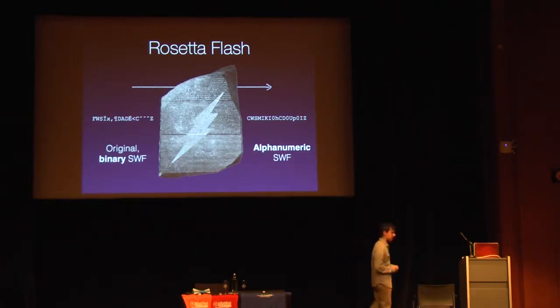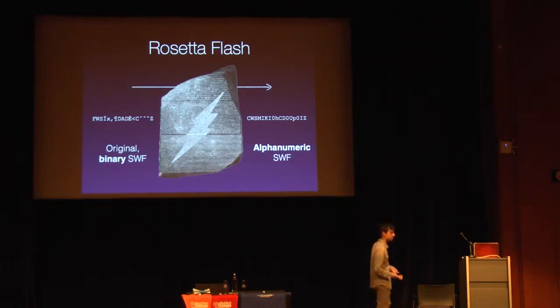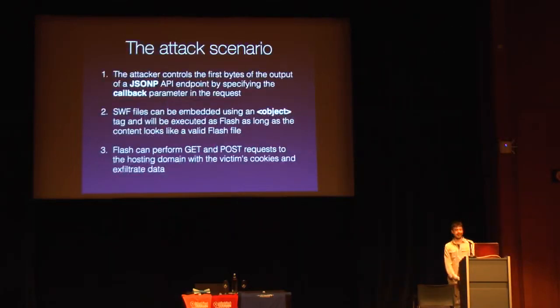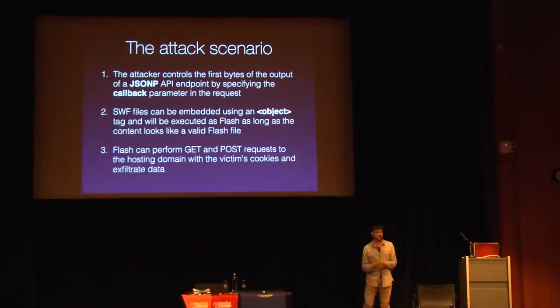So it would be cool if you could transform any Flash file to an alphanumeric one. And this is what Rosetta Flash is. Rosetta Flash is a tool that converts any Flash file to an equivalent one that is made only of alphanumeric characters.